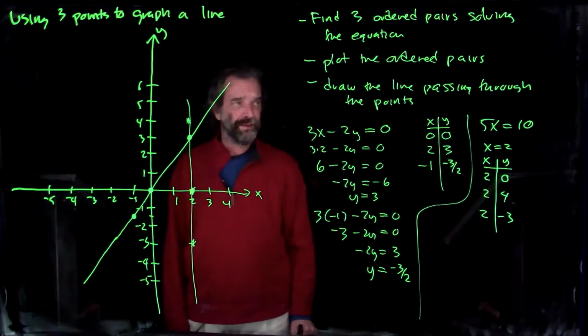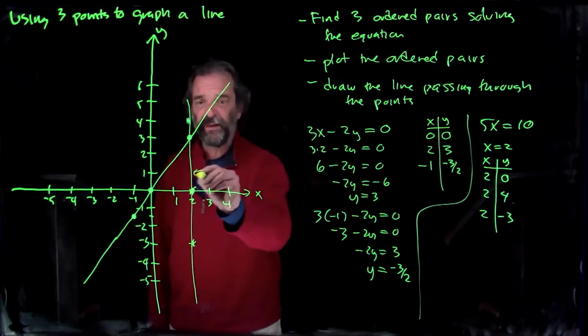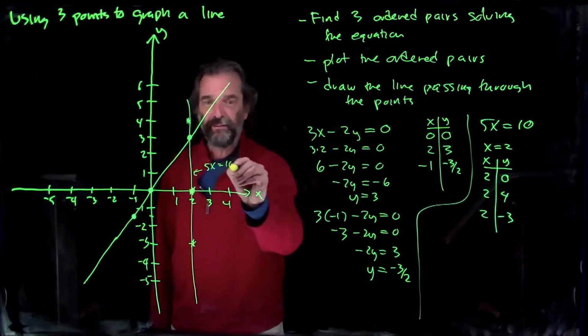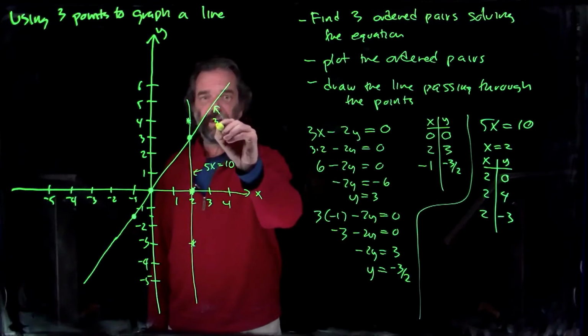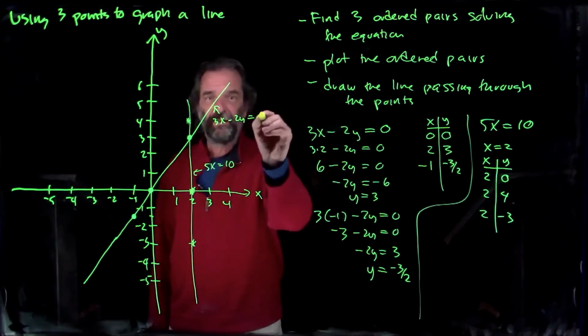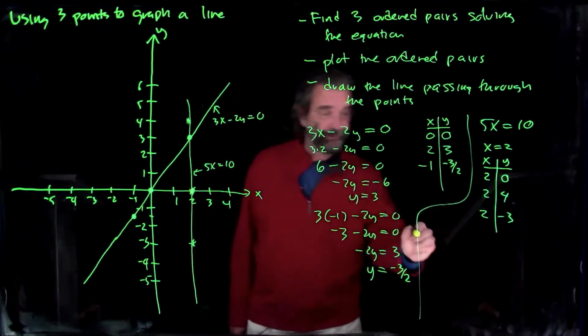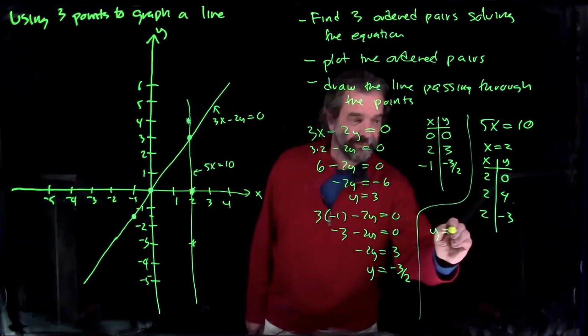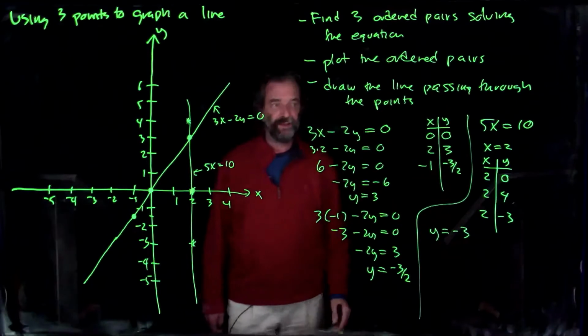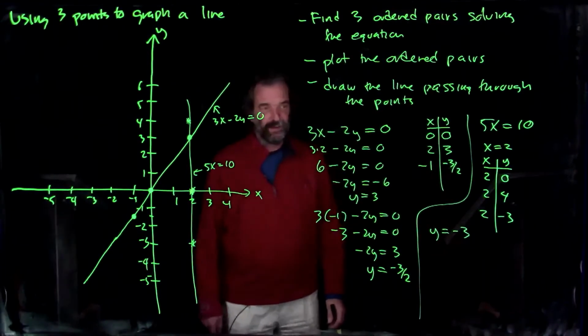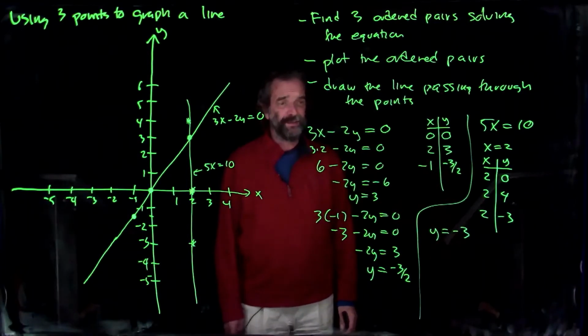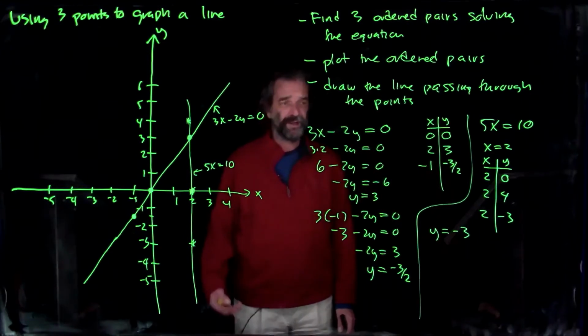I should probably label these things. So this one here is 5x equals 10. And this one here is 3x minus 2y is 0. And I also have an equation that just has a y in it. You might guess what happens then. It's y equals minus 3. That's ax plus by with a equal to 0, so 0 times x.